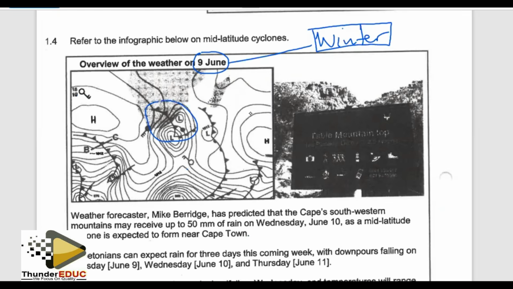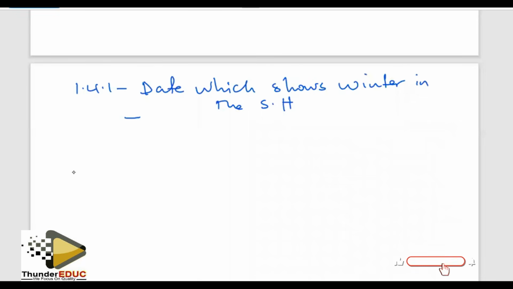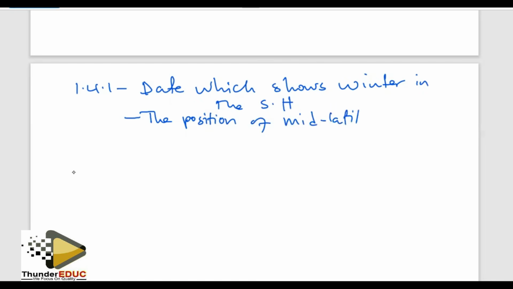So you can see that they have moved further northwards. You see, this normally occurs in winter. So the position of mid-latitude cyclone further north. See, and this occurs in winter.